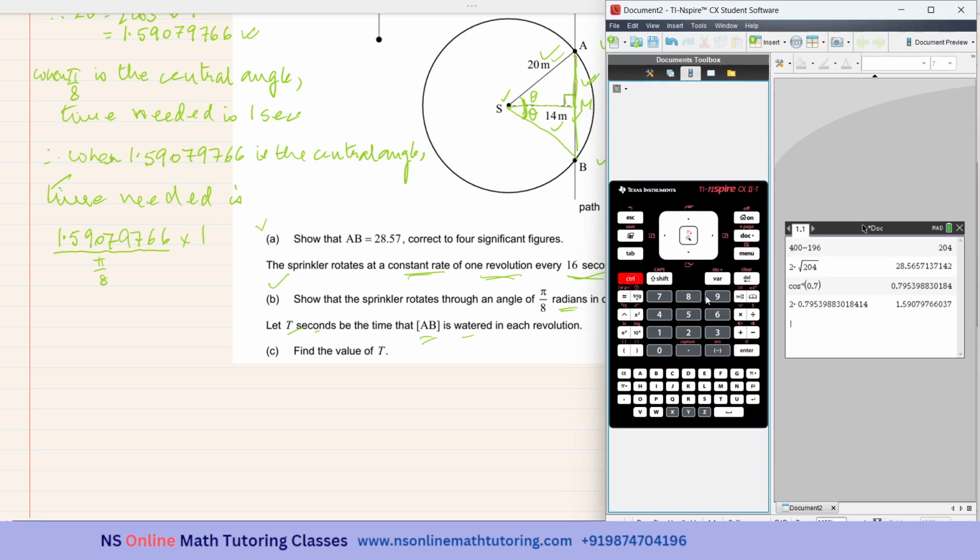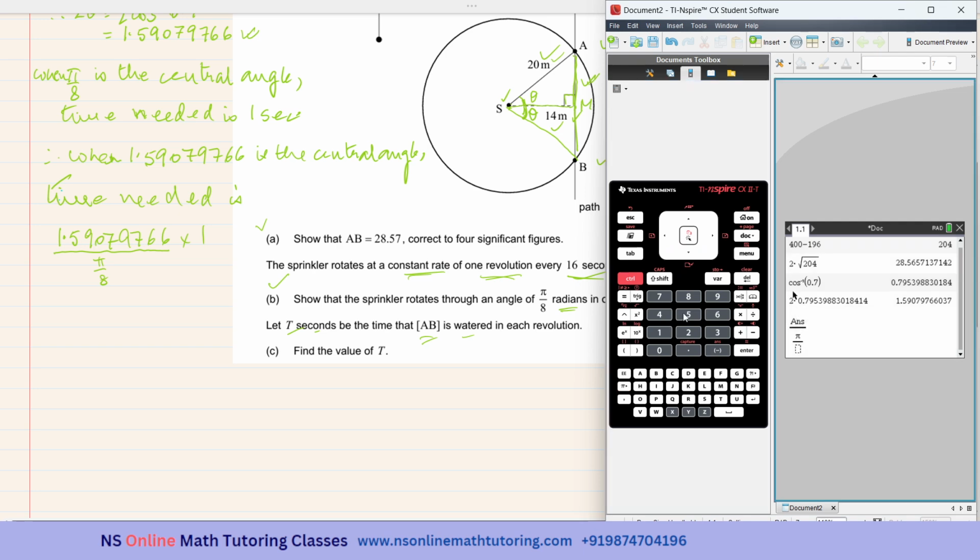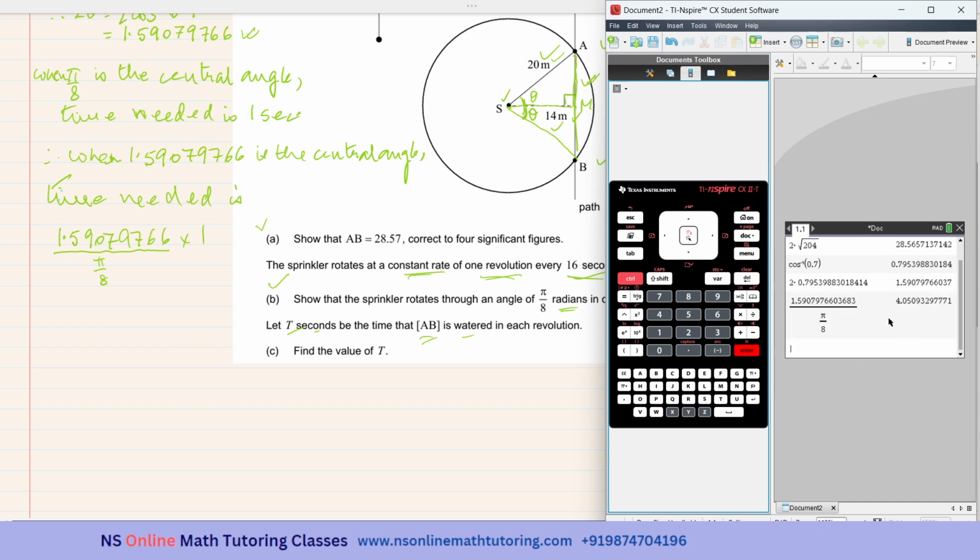The answer divided by pi over 8 is 4.05093 and so on.